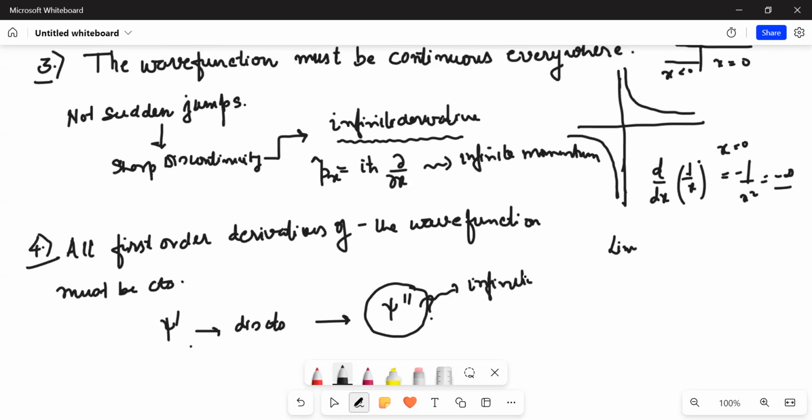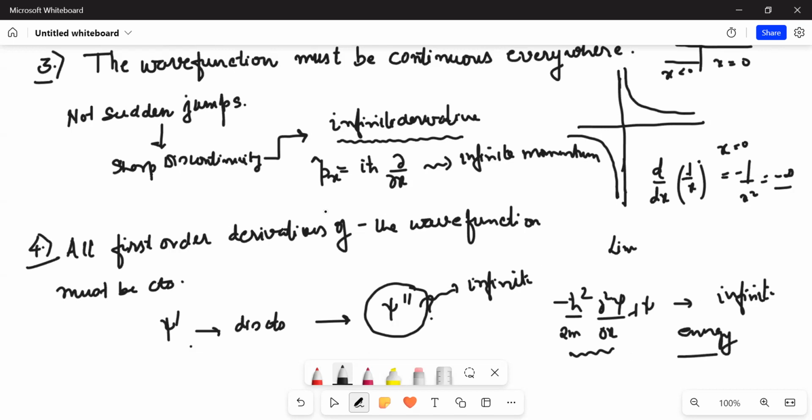And one knows that in order to quantify the energy, you have this operator. This being infinite implies an infinite energy, which is again non-physical. Okay, so one has to understand the wave function must be continuous, and also the first order derivative must be continuous.